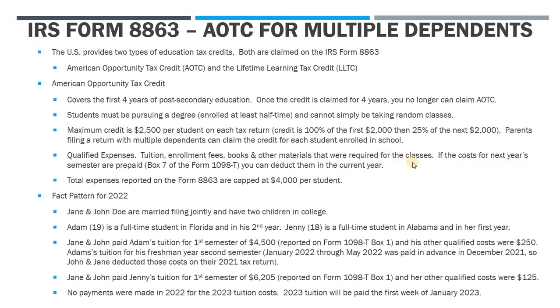Now, if the costs for your next year's tuition are prepaid, so if you're looking at your 1098-T and you see box 7 is checked, you can still include those in the current year, right? And that is often what happens. So let's say it's December 2022 and you want to pay the tuition in December for the semester that starts in January 2023.